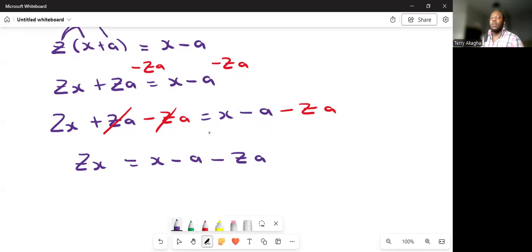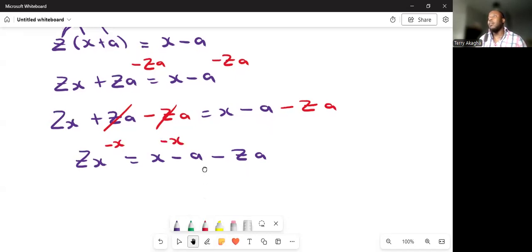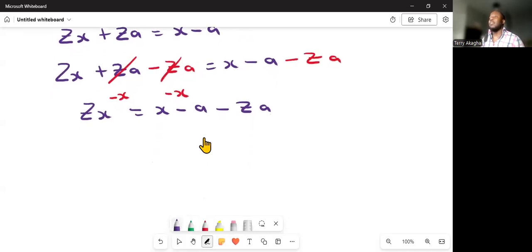Okay. So what's the next thing to do? We need to get rid of the x here. So we're going to subtract x from both sides. Then we're going to have zx minus x will be equal to x minus x minus a minus za.